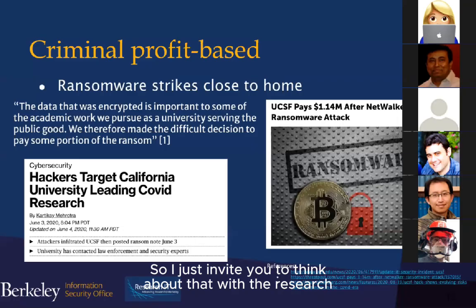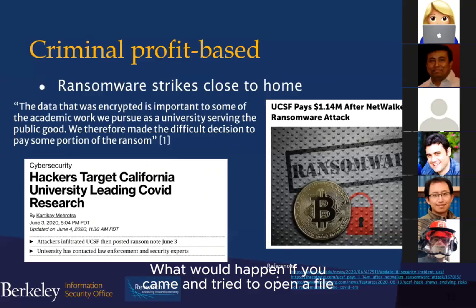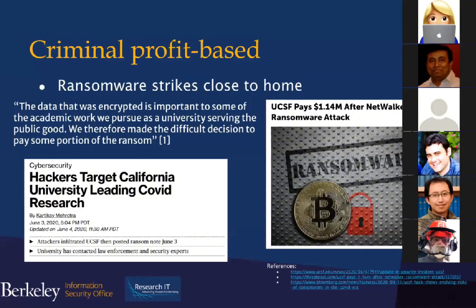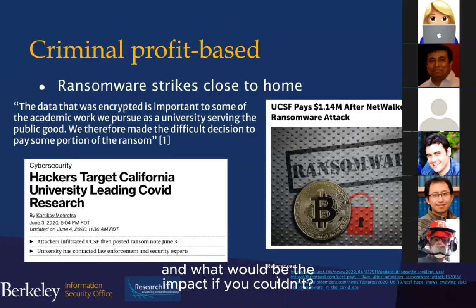So, I just invite you to think about that with the research data that you're working with. What would happen if you came in and tried to open a file, and instead of the file, there was a note saying, go to this Bitcoin address? Have you thought about your backups? Have you tested them? How confident would you feel that you can get your data back? And what would be the impact if you couldn't?